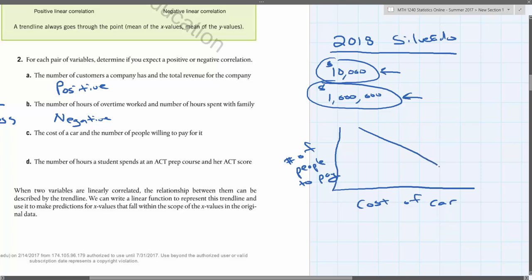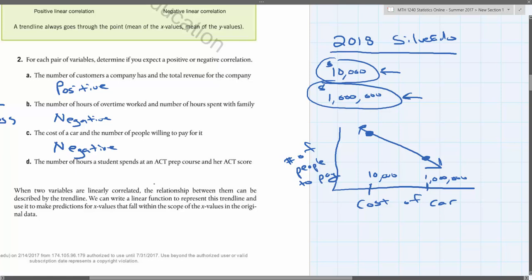So that means we're going to have a downward trend. If here's maybe the 10,000 and here's maybe the million, we would have more people willing to pay the 10,000 versus fewer people willing to pay the million. So this has a negative slope, a negative linear trend, negative correlation.